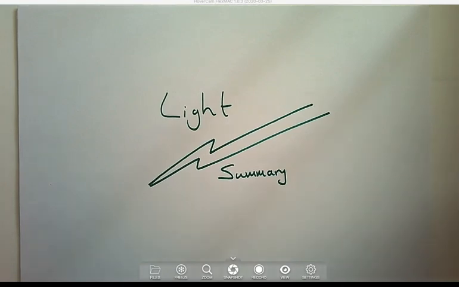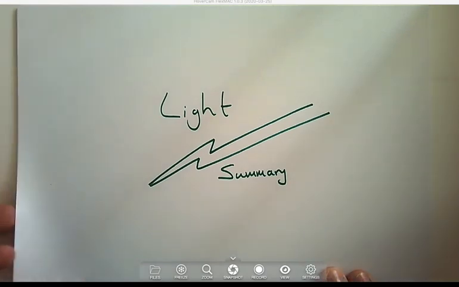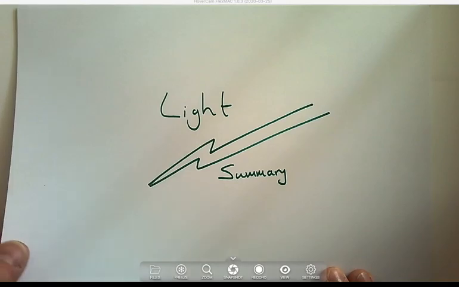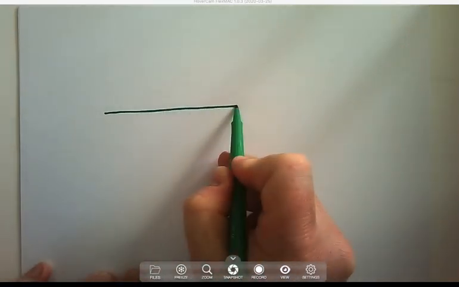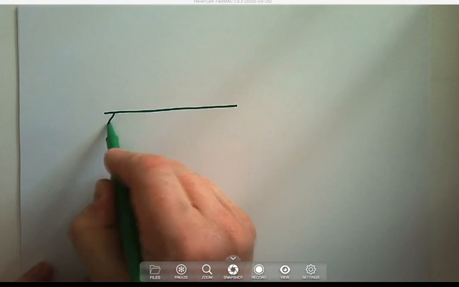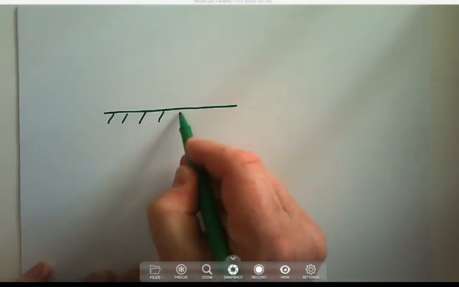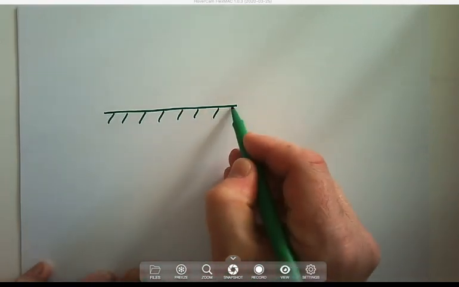We're going to do a quick review of the light topic. So we're going to start by looking at reflection. Reflection, as we've learnt, is all about how light interacts with a surface.